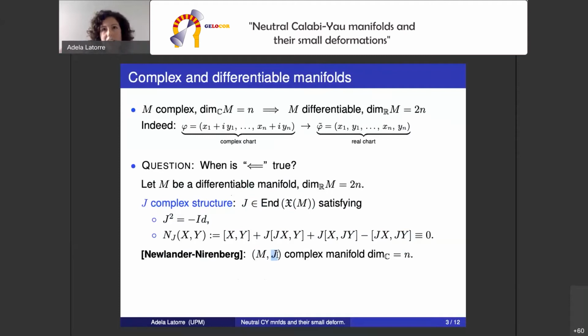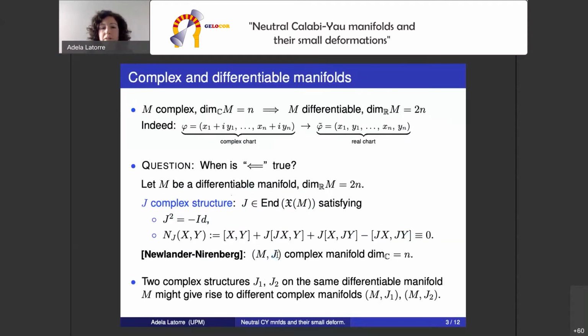This would be the rough idea. So the important thing about this is that given a differentiable manifold M, we can endow it with different structures as a complex manifold, just changing the complex structure, this one here.